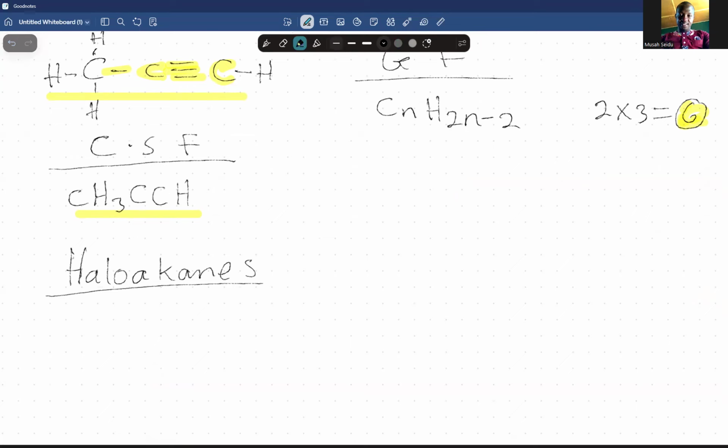For me to know that this is a haloalkane, I have to see carbon-carbon single bonds, carbon-hydrogen, and carbon-carbon single bonds with a halogen as an attachment. Just like alkanes, if you have alkanes, but one of the attachments is one of the halogens, then you should know that this is a haloalkane.